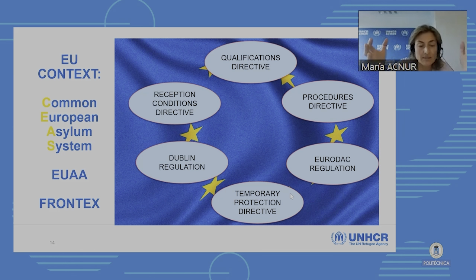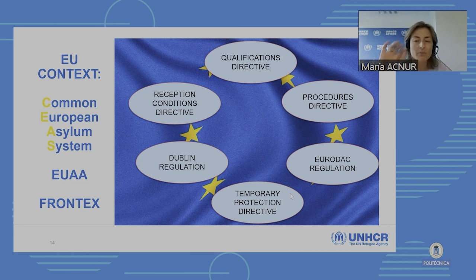The current generation establishes standards which everybody has to comply with, not minimum, standards for everybody. And the third generation of documents, if we get there, but it's being a very harsh negotiation, will see some of these directives slowly become regulations, so directly binding for everybody in the EU.